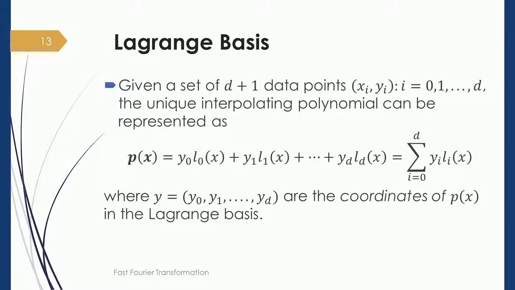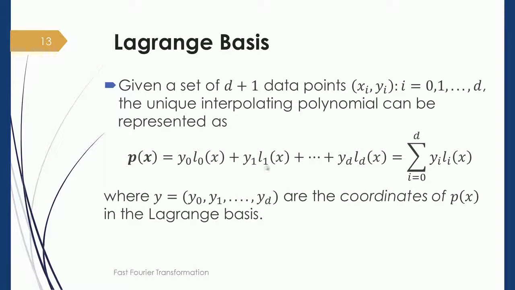A similar argument holds for other terms as well. So, when x is equal to x sub 1, this polynomial must evaluate to y sub 1. All other Lagrange basis functions will evaluate to 0 at x equal to x sub 1, but this L sub 1 of x alone will evaluate to a 1, and therefore, since we have given it a coefficient of y sub 1, this polynomial p of x will evaluate to y sub 1.